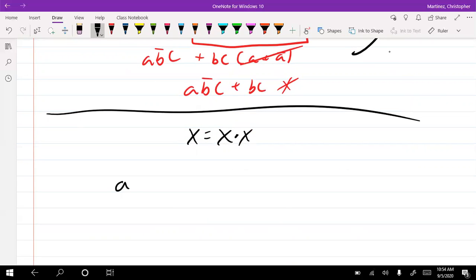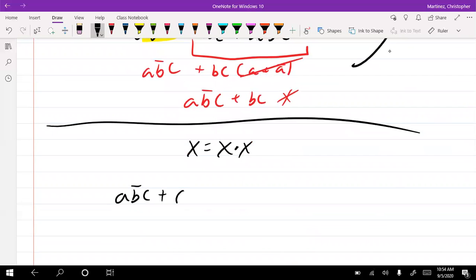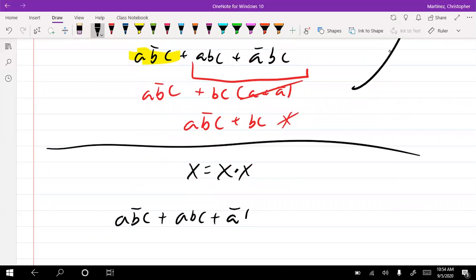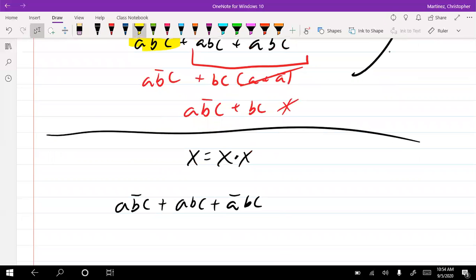Let's say I have A B bar C, or ABC, or A bar BC. And it's this middle term that I want to do this expansion on. So I'm going to do it as ABC plus ABC.